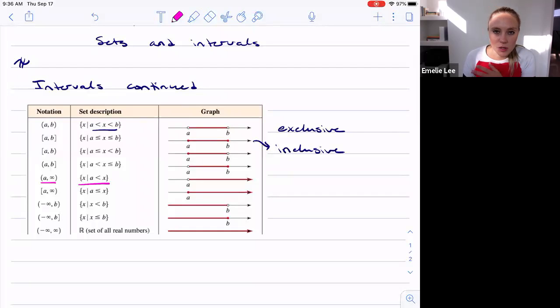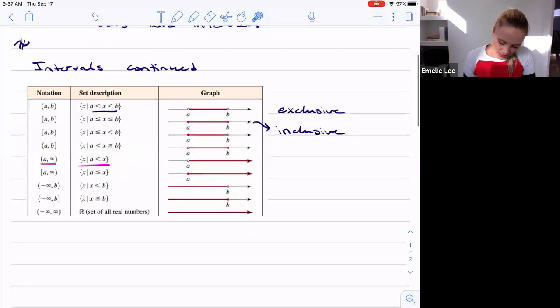So x has to be all the values that are larger than a, and it's not including a, so we've got that open dot at a. Then it just keeps going, and if you're going to infinity, we indicate it with an arrow.